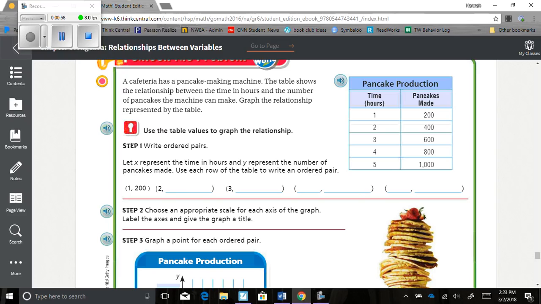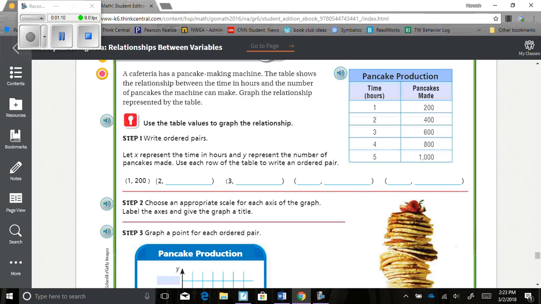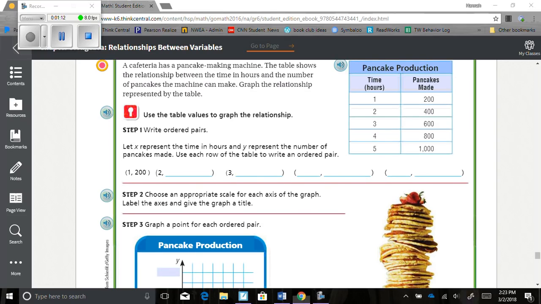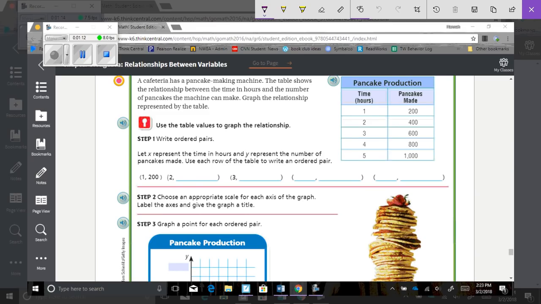Step 1. Write the ordered pairs. So let X represent the time in hours and Y represent the number of pancakes made. Use rows of the table to write an ordered pair. So what we're doing is we are just writing these numbers in pairs.